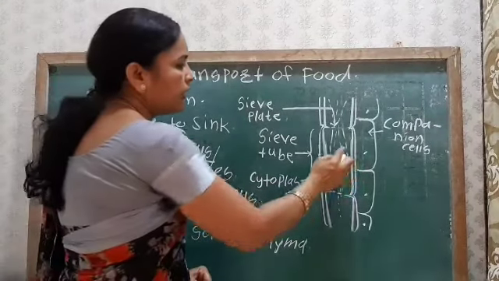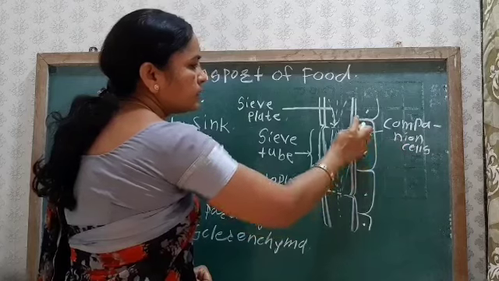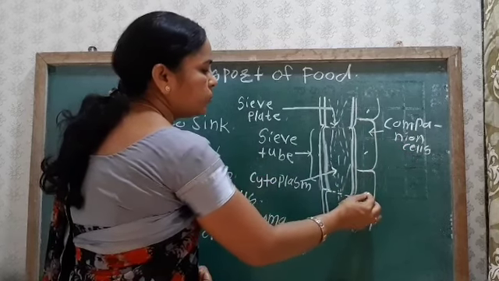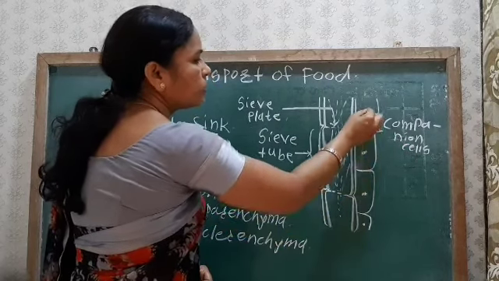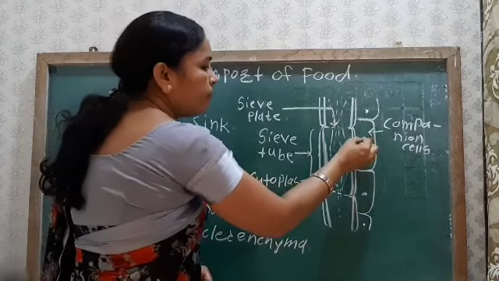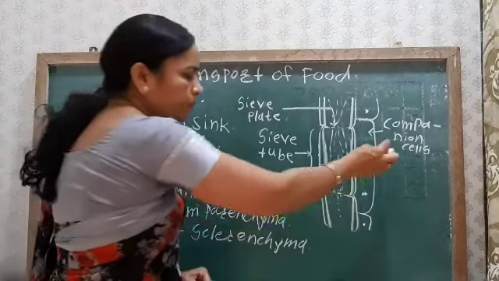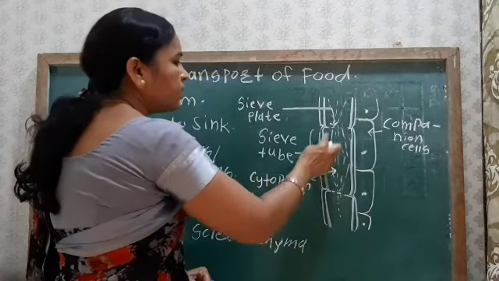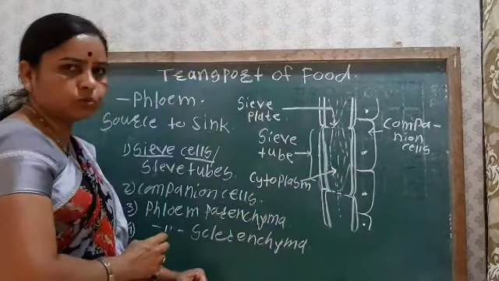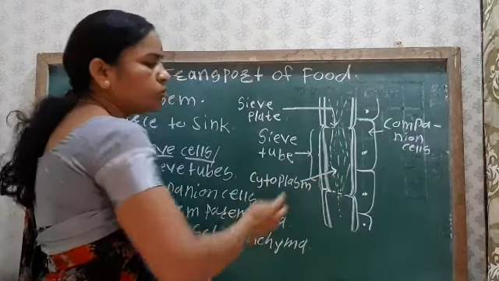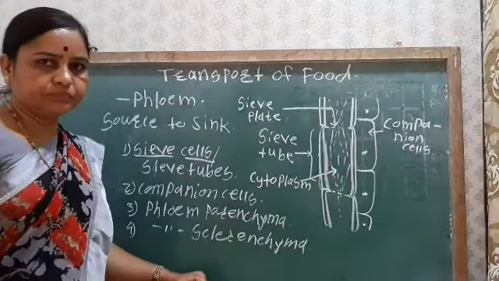While the companion cells are nucleated, they have a nucleus. These companion cells are associated with the sieve tubes, and they control the function of the sieve tube. The function of the sieve tube is the transport of food.